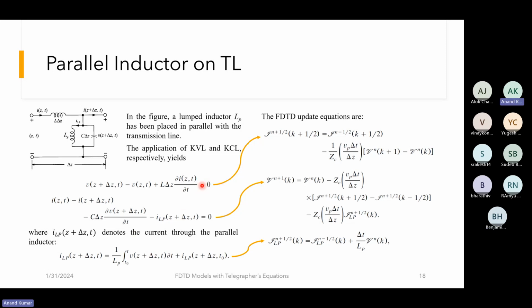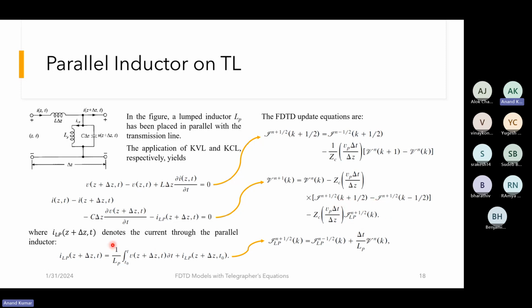And then using these three expressions, performing finite differences, we get the update equations. The first equation is unchanged, so again we have the update equation for the current. The second equation has a new term ILP, which is added here, and this ILP has to be updated.